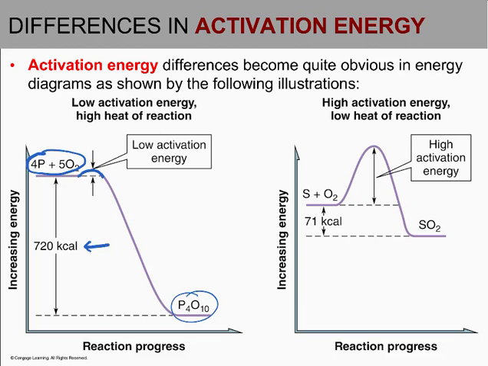Now on the right-hand side, we have a reaction between sulfur and oxygen, and this requires a lot of energy to get started. So this is a huge barrier that those reactants have to get over. And then at the end, we get sulfur dioxide, which again is lower in energy than the reactants.